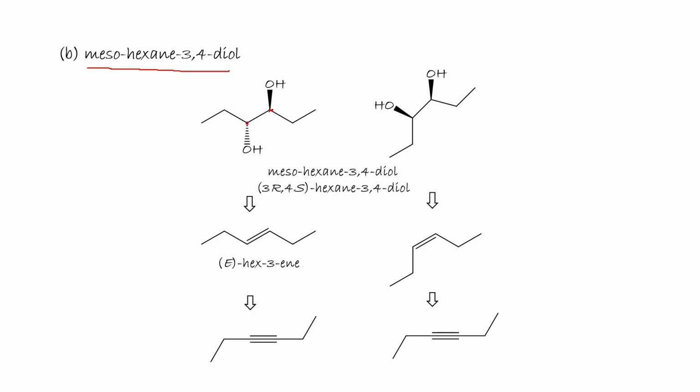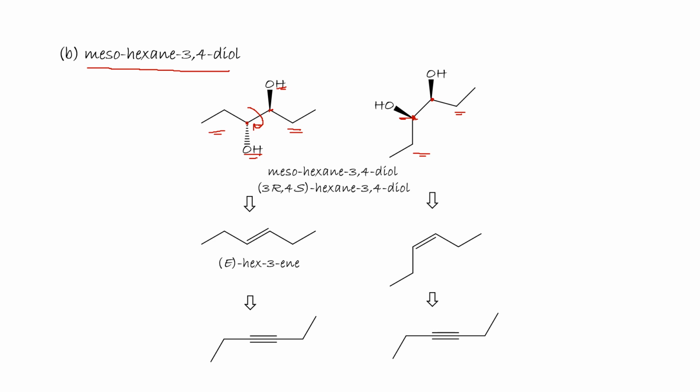If you draw it this way at the beginning and then you rotate that carbon single bond, you can get the structure with the two OH on the same direction, and the two ethyl groups on the same direction. Here the OH and OH are anti to one another, and the ethyl and the ethyl are in opposite directions.